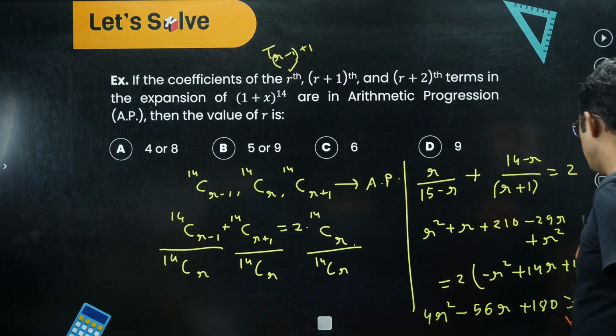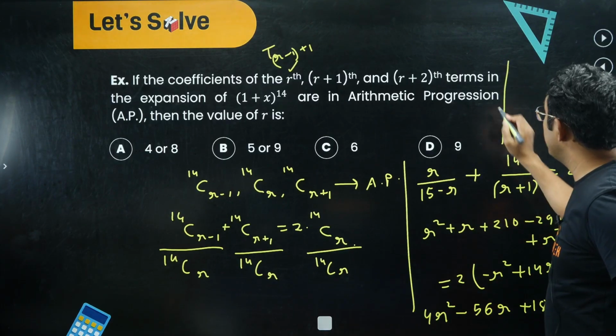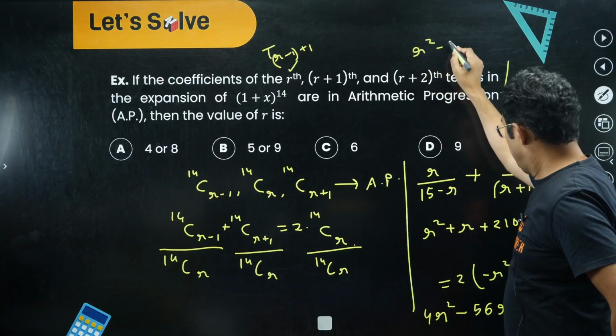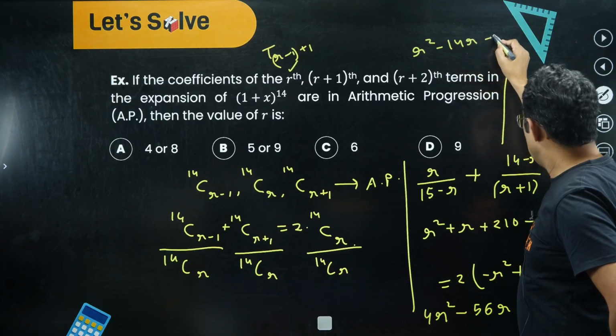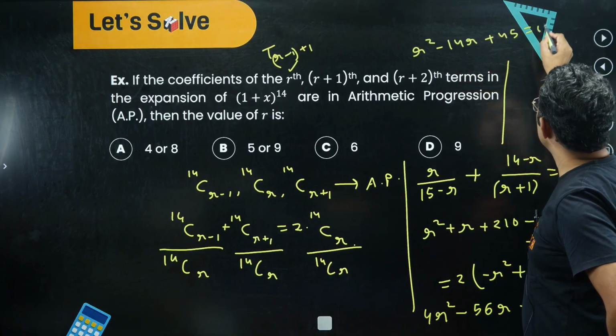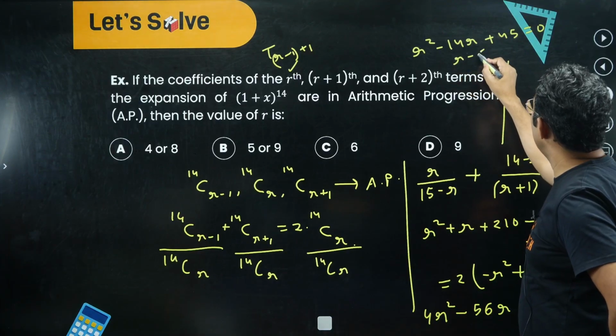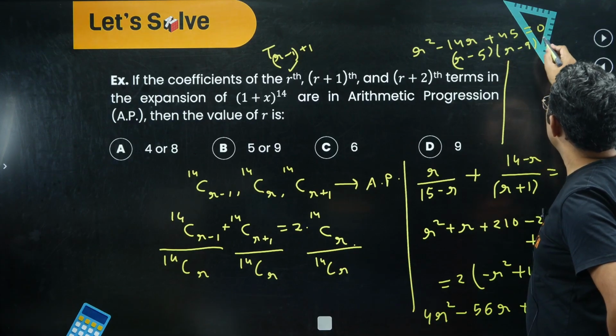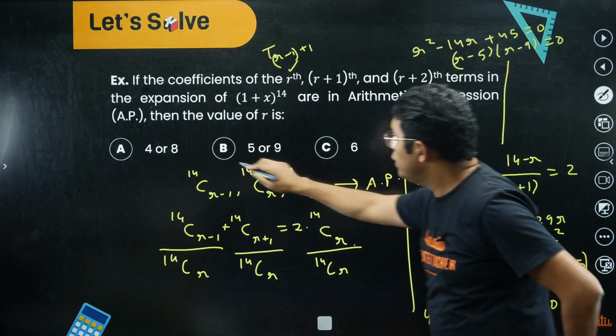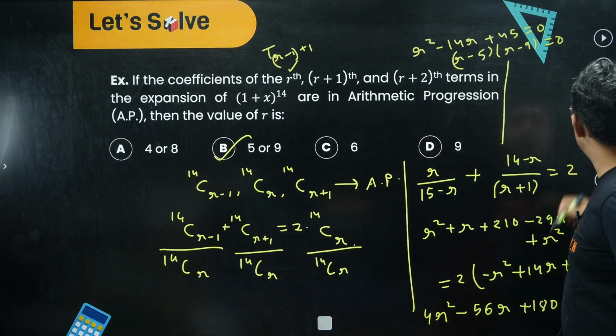We can divide by 4, so the quadratic is r square minus 14r plus 45 equal to 0, which is (r - 5)(r - 9) equal to 0. So either 5 or 9 will be the answer of this question.